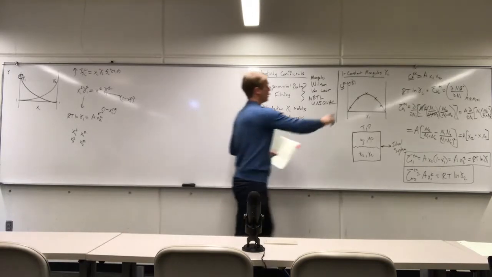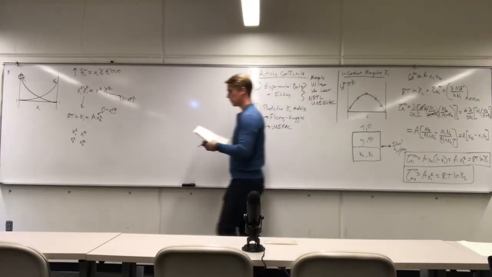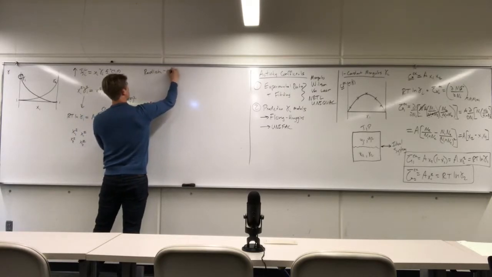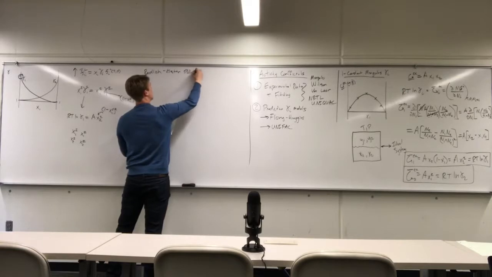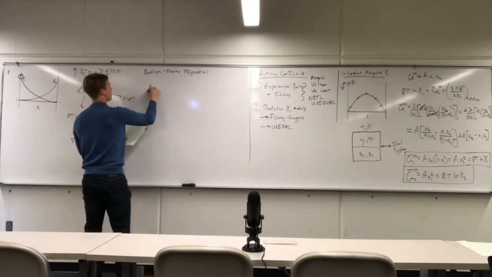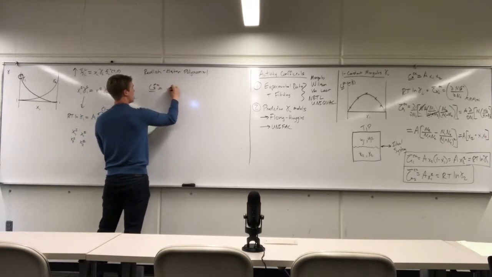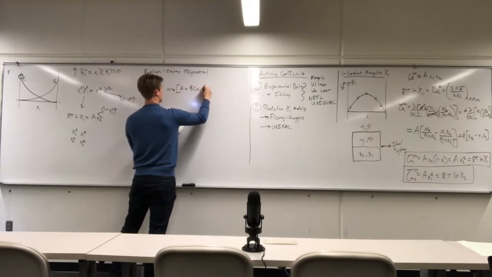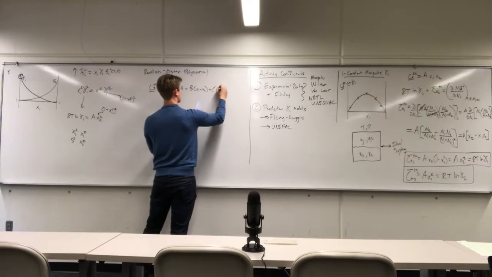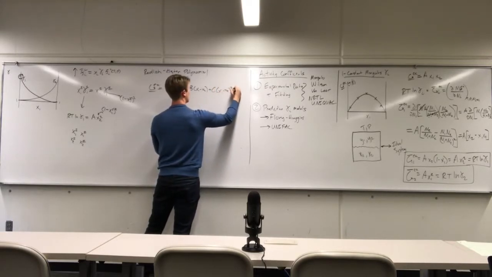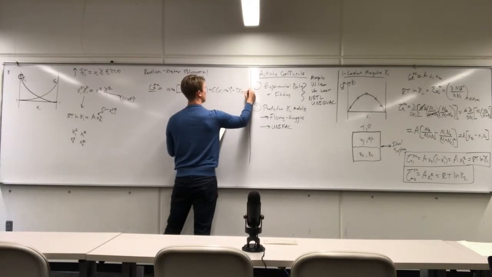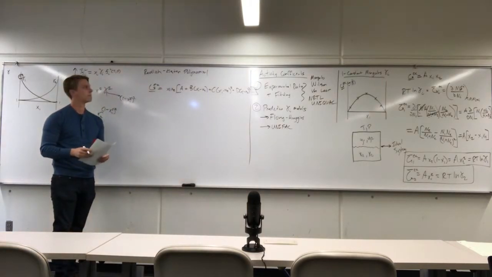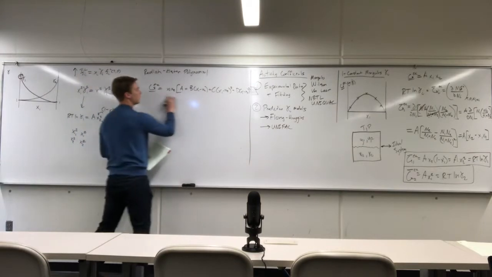Instead of using this very simple polynomial to fit the excess data, if we use a Redlich-Kister polynomial, now this form here is we fit excess Gibbs data using a polynomial of this form. This is a Redlich-Kister polynomial.